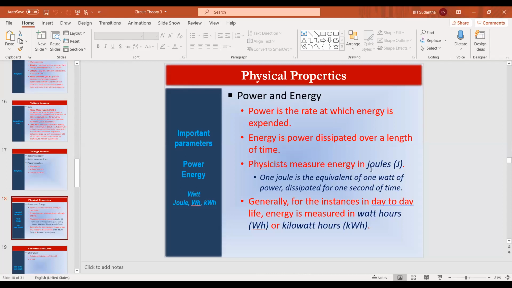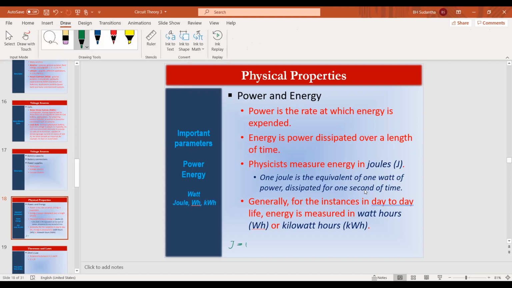Then the normal unit we are using in physics, joules, but joule is the wattage dissipated for 1 second of time. Okay, but this may be a huge figure when you calculate joules. Normal this joule, watt into seconds. Okay, but then it may be a huge figure.